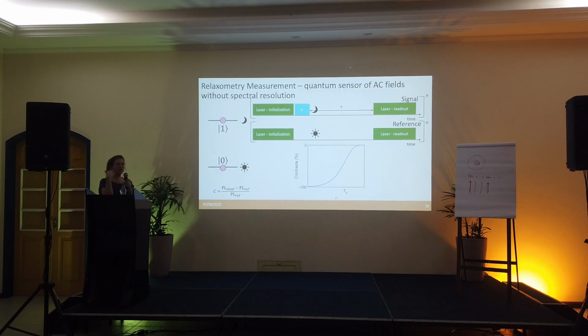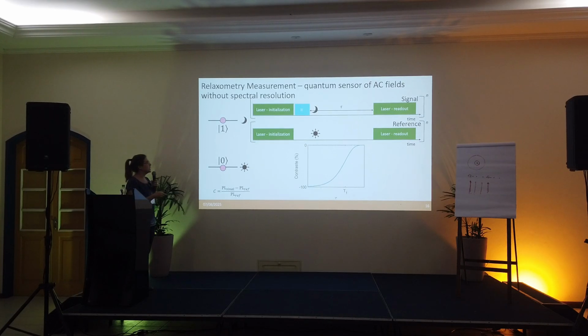So after I repeat this experiment a number of times, what I see is that the contrast, so the difference between my signal and my reference, normalized, starts off from a certain number, full contrast, and it decays back to 0 with a relaxation time T1, right? That's just looking at how quickly my system interacts with the environment.